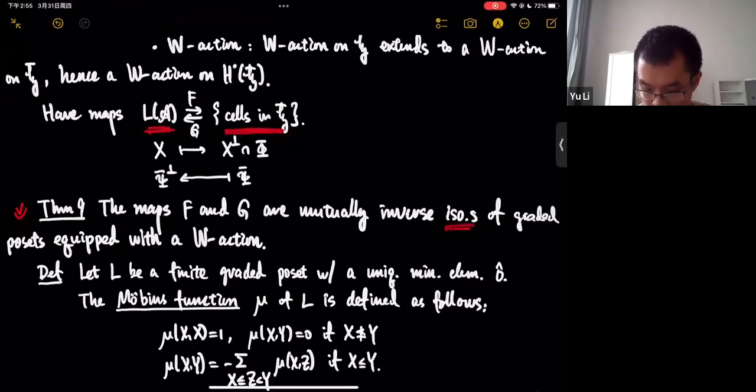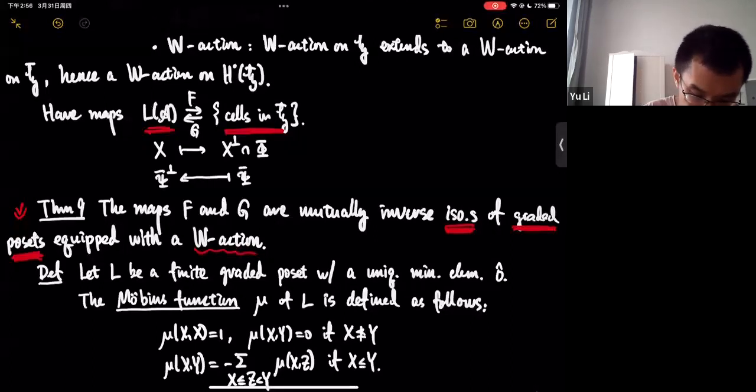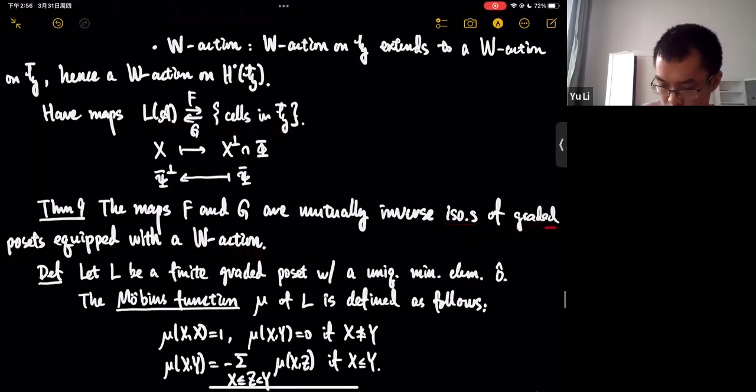So they are set theoretical bijections. They respect the rank function, and they also respect the poset structure, namely the relation less than or equal to, and they also preserve the W action. And so everything is preserved. In other words, to study the geometry of the variety H bar is in some sense equivalent to studying the combinatorics of the intersection lattice L of A.